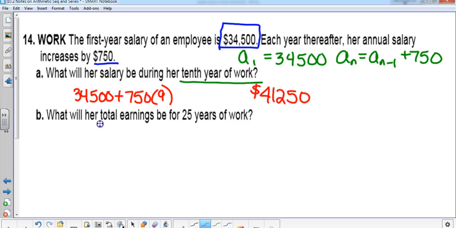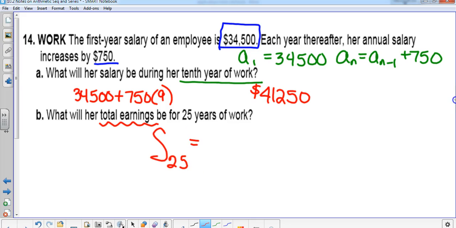Okay. A whole bunch of people got this wrong when I suggested they do it on their own because everybody just found what she made in the 25th year. Is that what this is asking? This wants the sum of 25 terms.